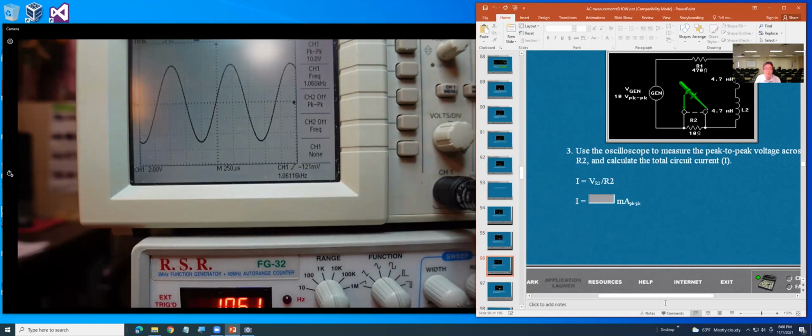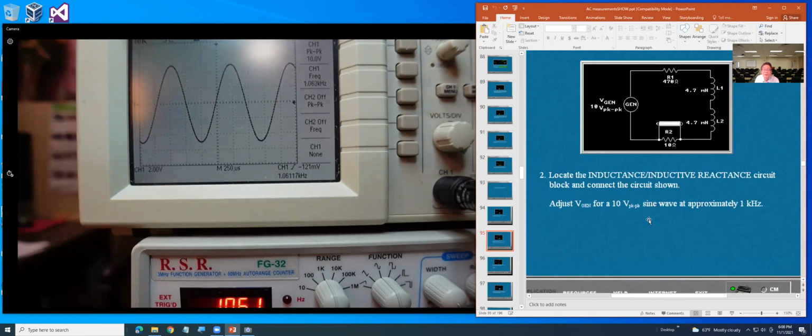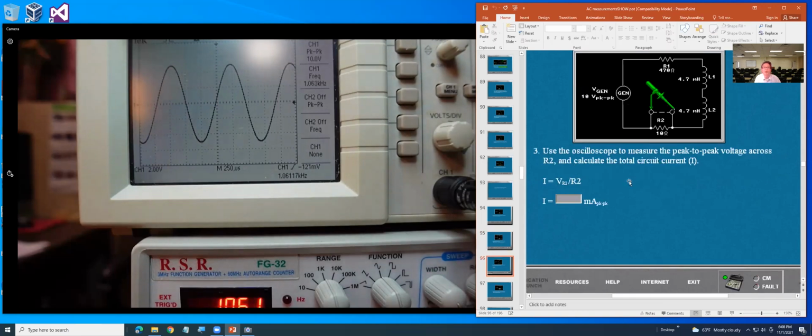Okay, so now, if you're looking in here, use the scope to measure the peak-to-peak voltage across the R2. That here. Can you see it?